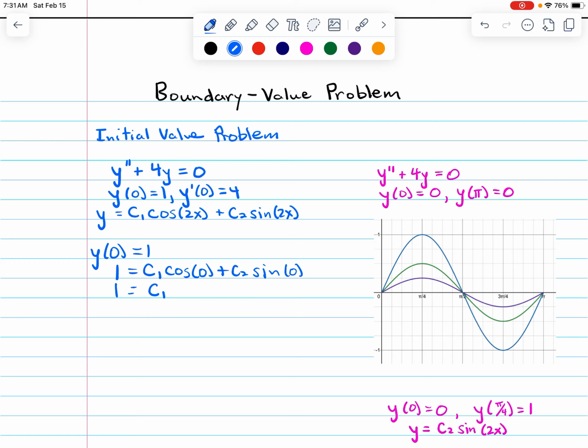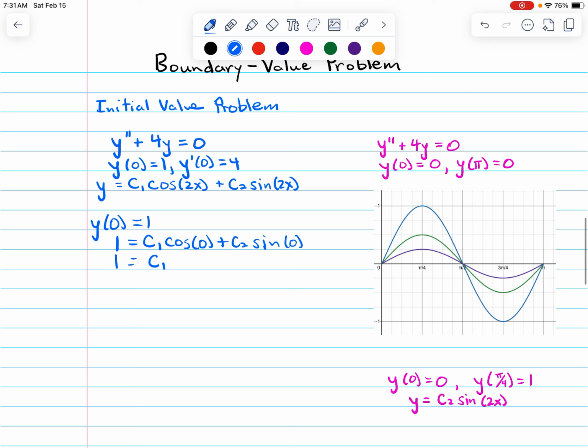So now let's look at y prime of 0 equals 4. So here goes y prime. Okay, so y prime is going to be negative 2C1 sine 2x plus 2C2 cosine 2x.